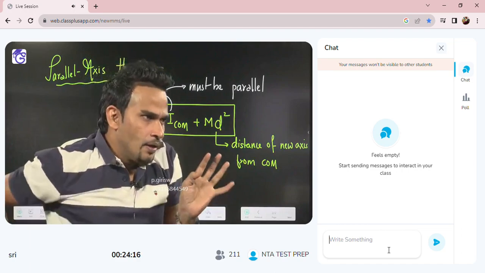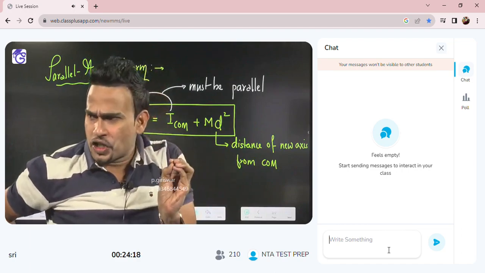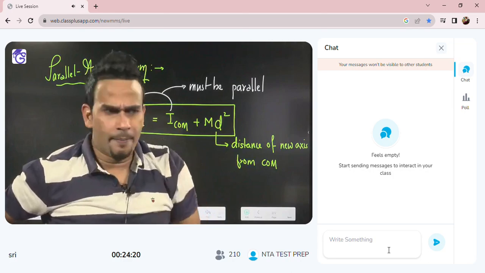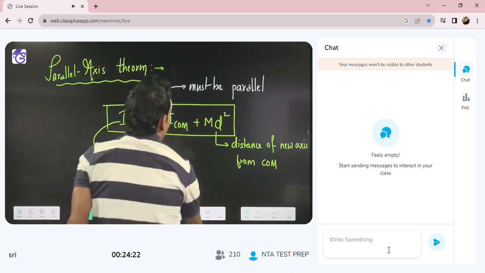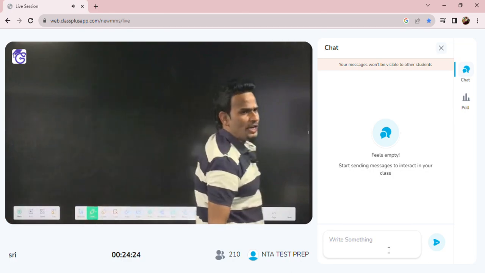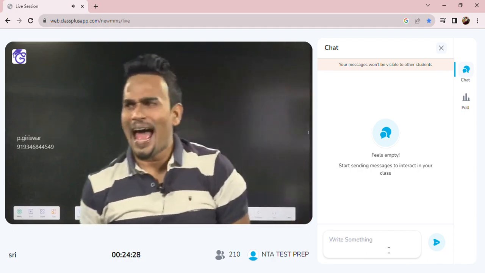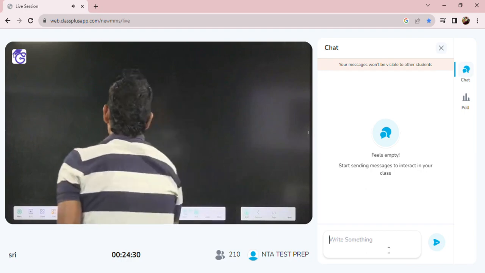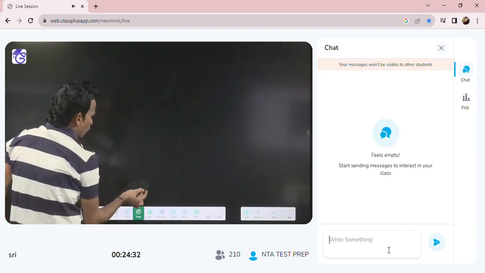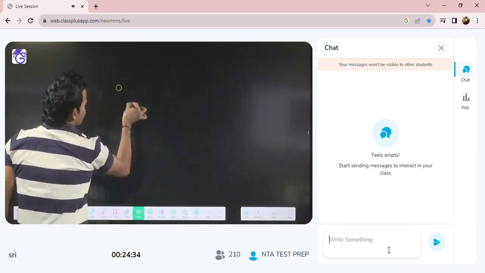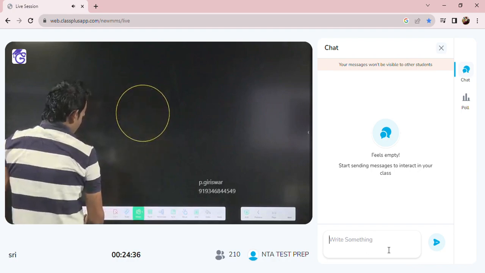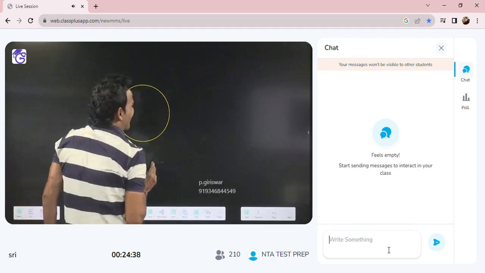Find moment of inertia of a solid sphere about an axis along its tangent.